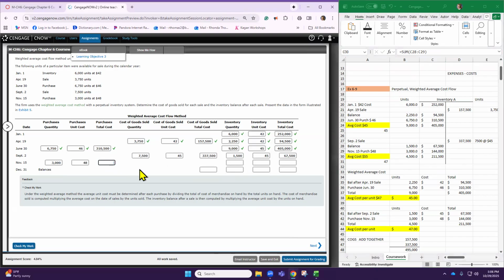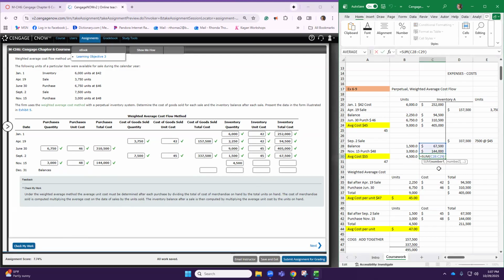So 3,000 times 48 is 144,000. Okay, let's see if I've got that right. All right, now it's time to combine these two. So once again, you take the 1,500 here and the 3,000 and you get 4,500 units. And you take the 67,500 plus the total.